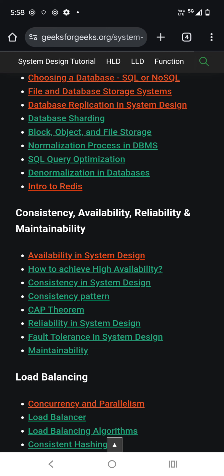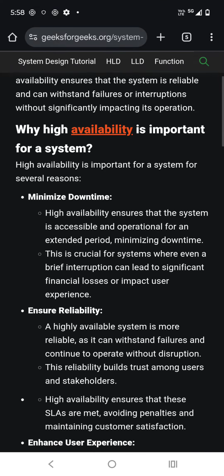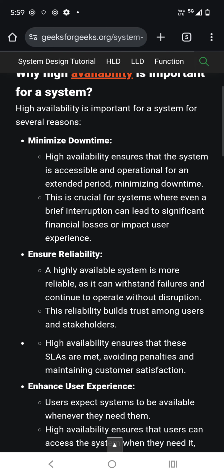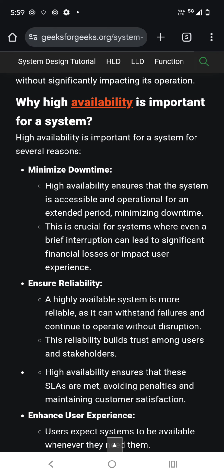Okay, next, how to achieve high availability. I told you all these factors: redundant servers and having a backup. Let me see if any other things are there to discuss. High availability means minimizing the downtime. What is downtime?